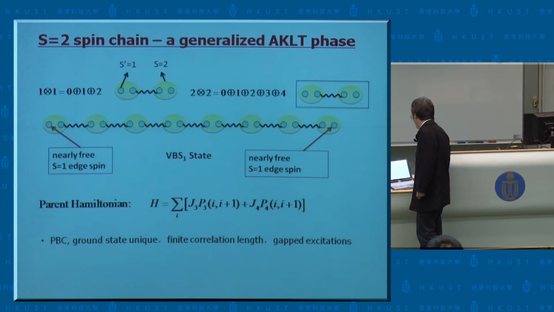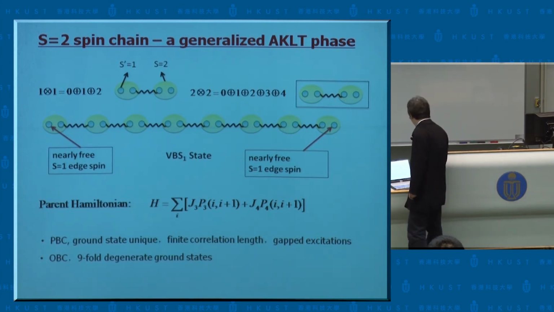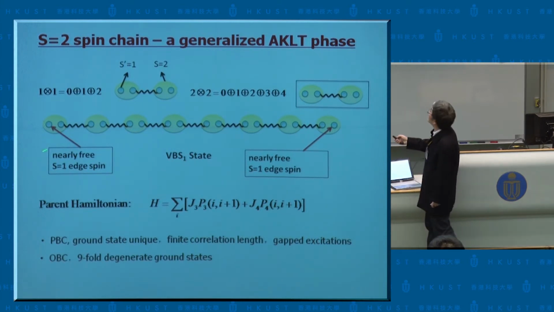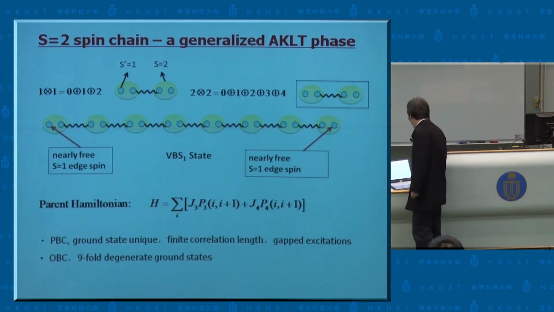For such states, you can also get the following result. For the periodic boundary condition, the ground state is unique with a finite correlation length, and there's a gap. For the open boundary condition, one has a ninefold degenerate ground state.